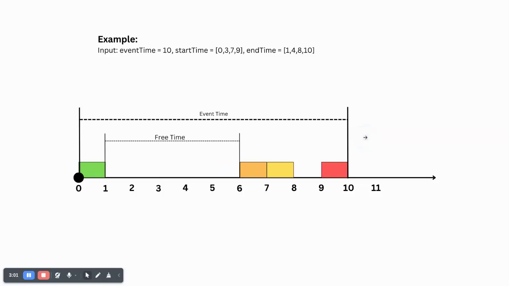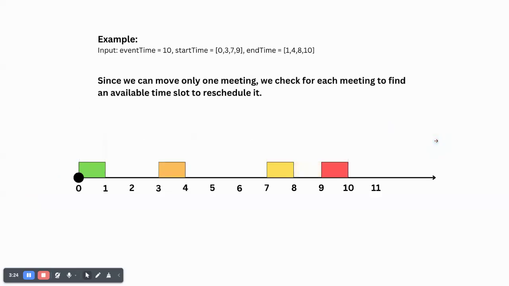But since the order is not going to be a problem, we can move it all the way to 8. That would give us 6 units of time. And that's the maximum answer we could get in this problem. You can try placing the others, but this one is going to be the maximum.